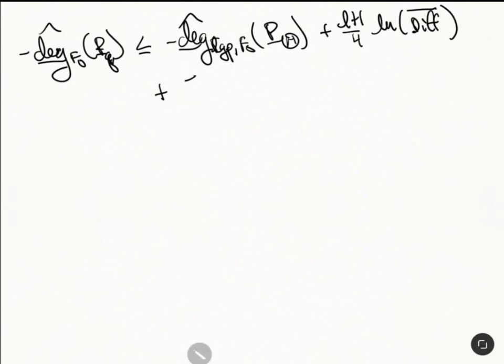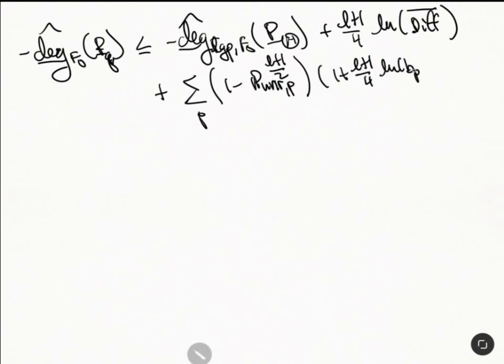So this is a sum over p of 1 minus the probability that something's unramified, p L plus 1 over 2, 1 plus L plus 1 over 4 natural log of BP, plus L plus 1 over 4 times the sum over p of natural log of EP bar.